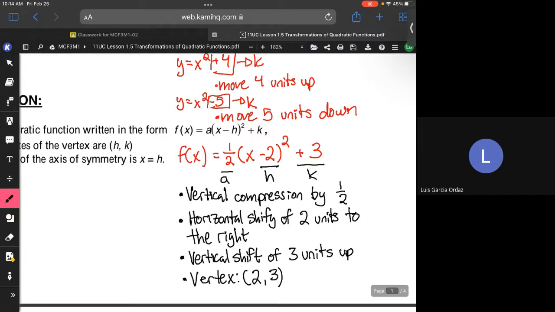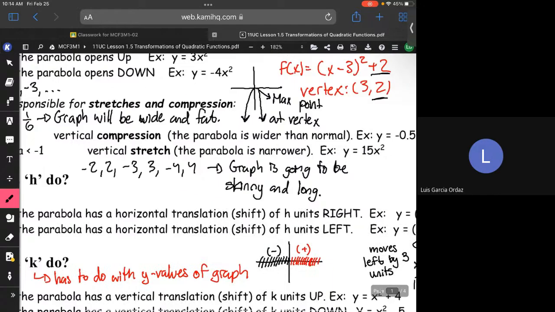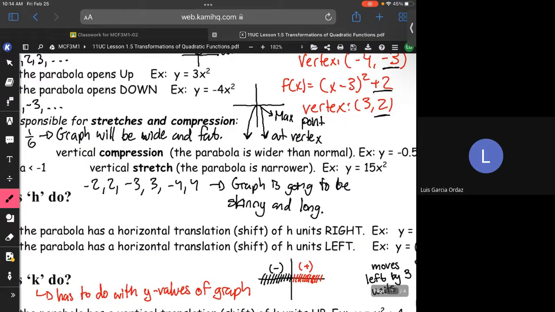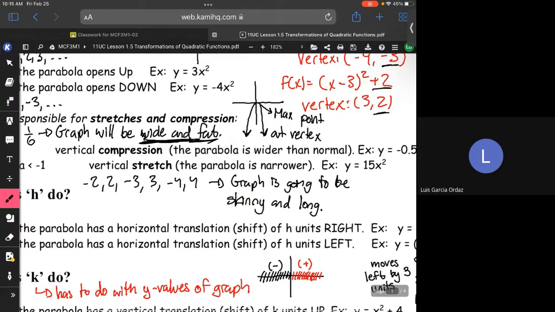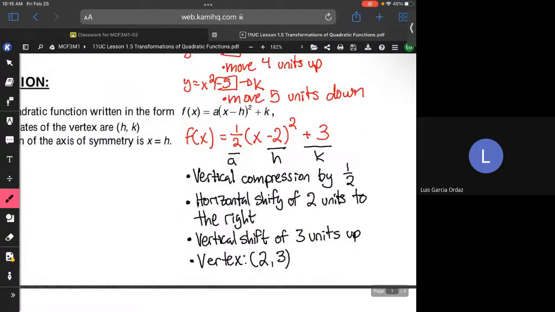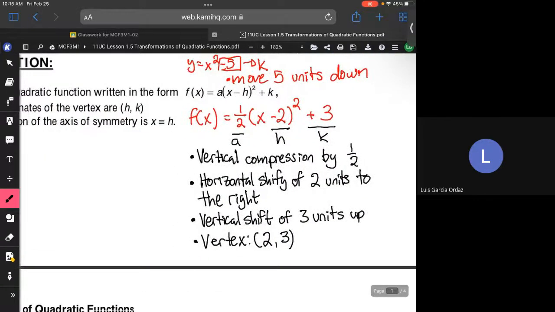Same thing with the hydraulic press right here. There's no difference. The graph will be wide and fat. All it does is make things more complicated. So just limiting it to vertical stretches and compressions, no difference.